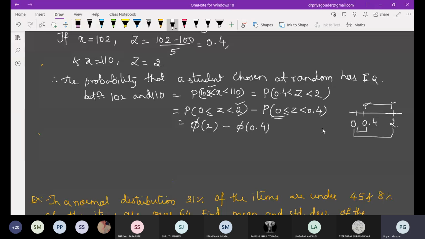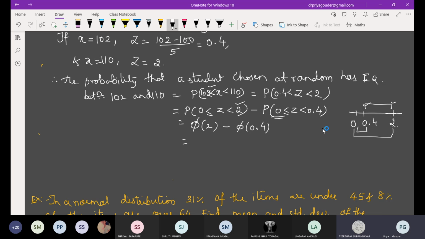Everybody please try to understand. It is very simple. In a normal distribution, in one question paper they have asked two questions and in another only one, but this is very important and a sure short question.